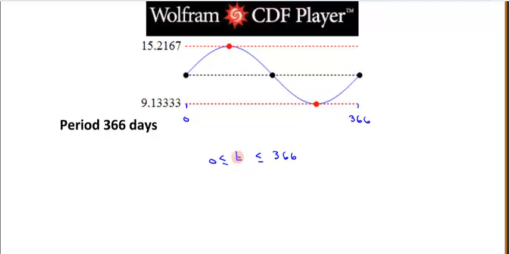So what I need to do is convert this from t that goes between 0 and 366 to some expression involving t that goes from 0 to 2 pi. And I can do that by, first of all, dividing through by 366.